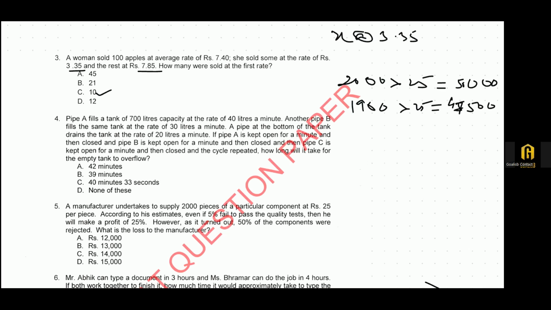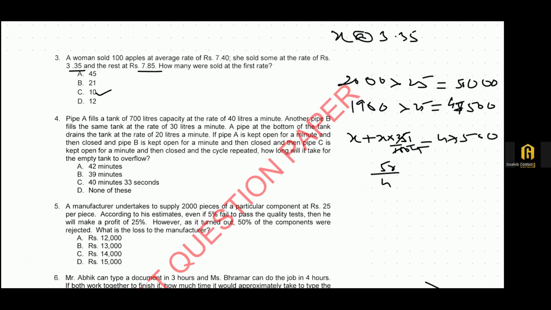So what is the cost price? In order to calculate the cost price, we'll say the cost price is X. X plus X times 25% should be equal to 47,500. So this will become 1 upon 4. We'll take LCM. 5x is equal to 47,500.